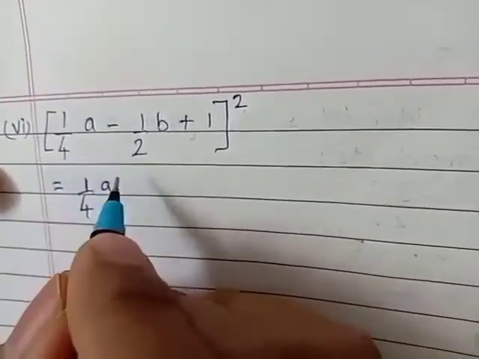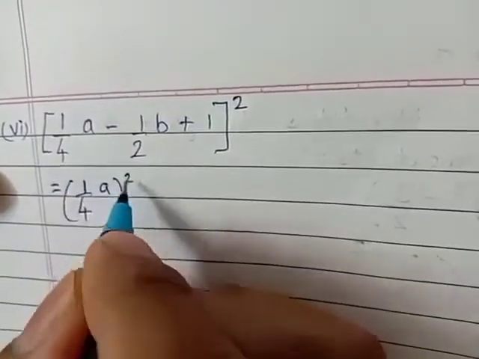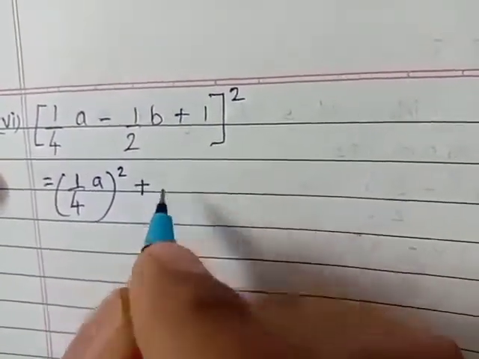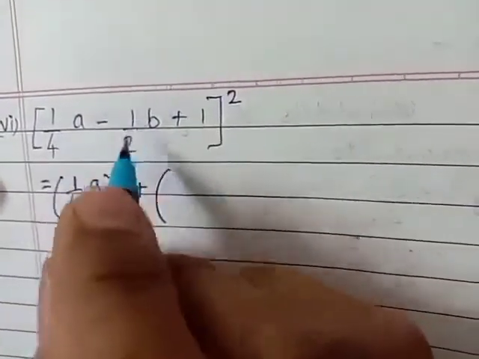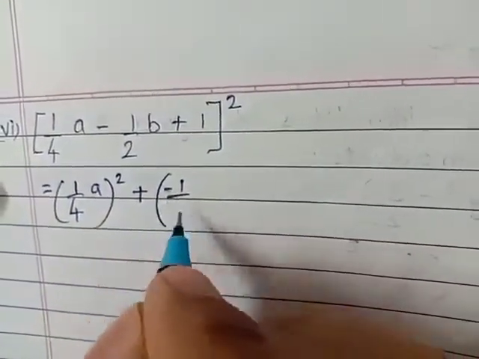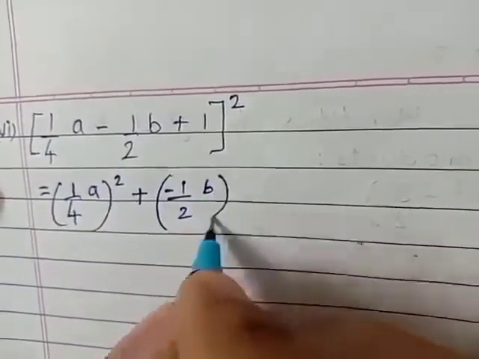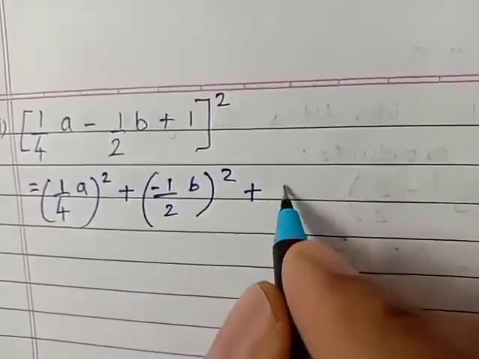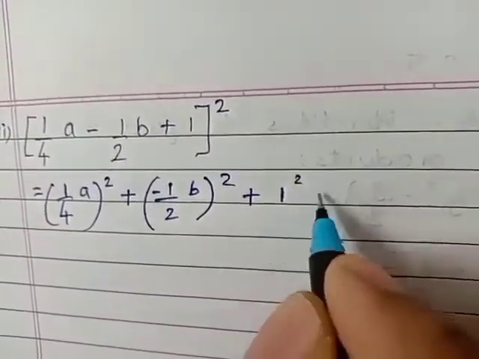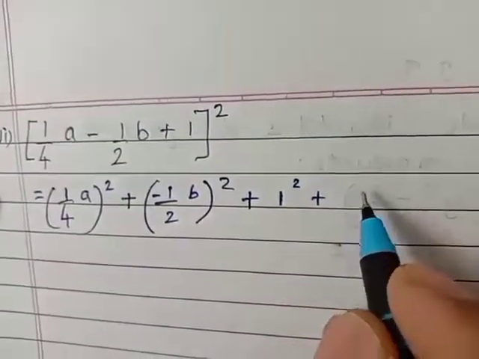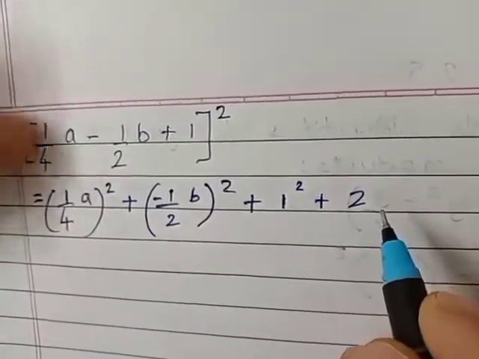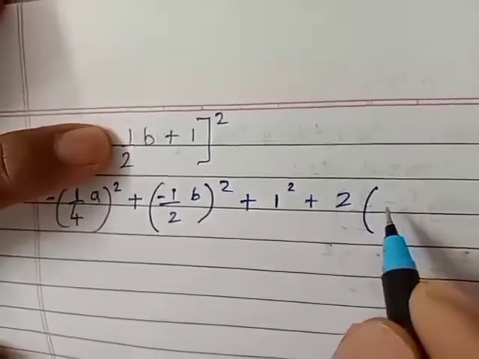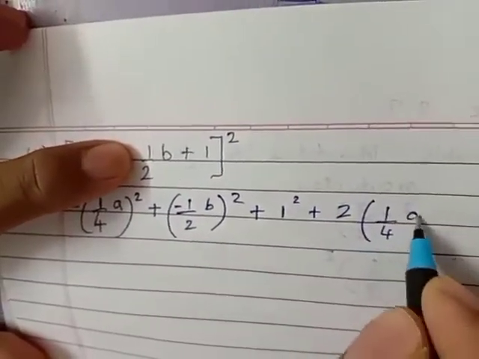1/4a. a square plus b square. What is b? Minus half b square, plus, now what is c over here? 1, so 1 square plus 2 into a into b. What is a over here? 1/4a.